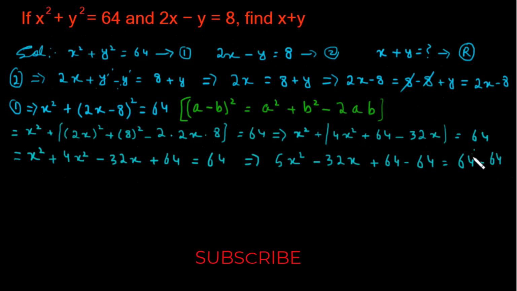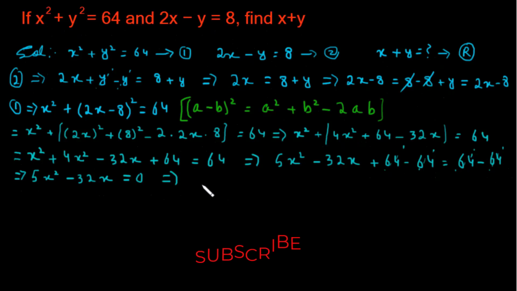So we come up with 5x squared minus 32x is equal to 0. Now we can take x common, which results in x times 5x minus 32 is equal to 0.